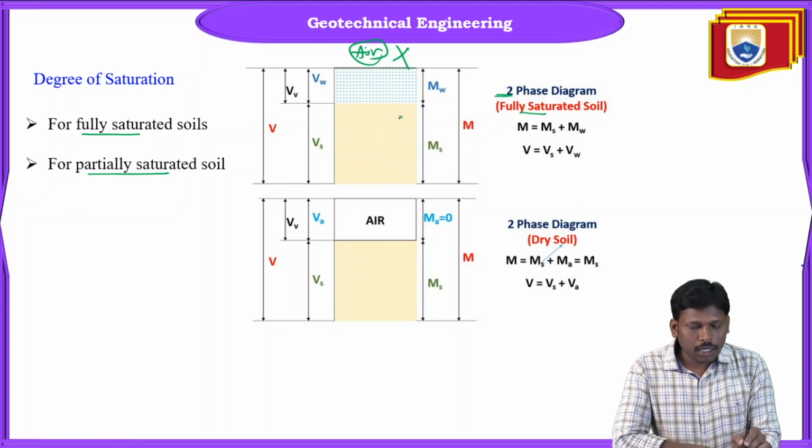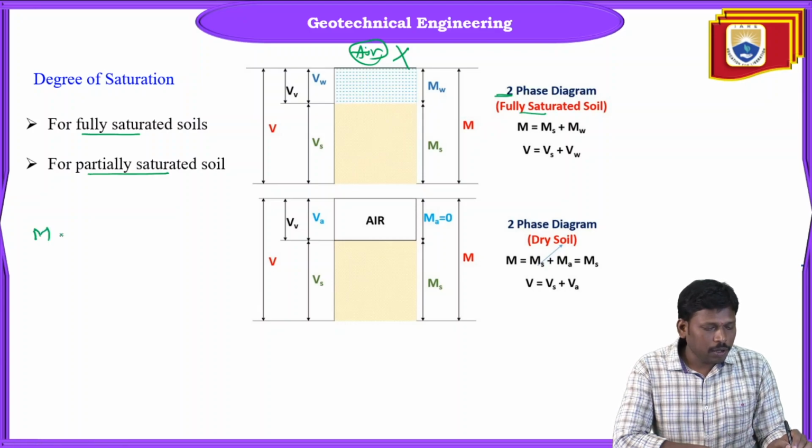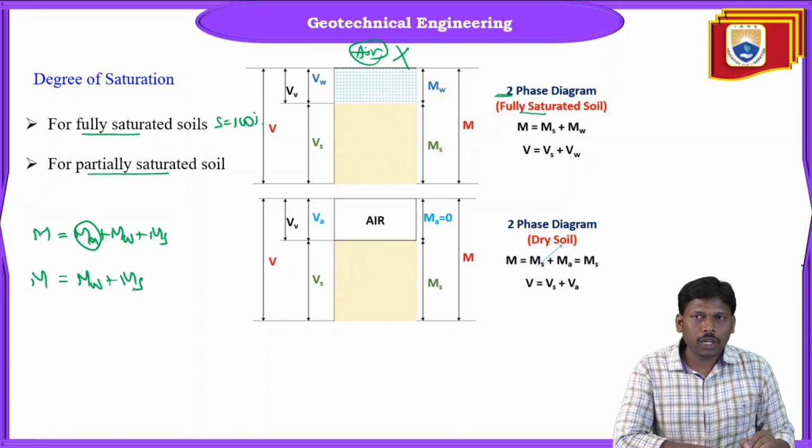If you describe this in terms of mass, as we said, total mass is equal to mass of air plus mass of water plus mass of soil. But in this fully saturated condition, with S equal to 100%, the air completely becomes 0, and the total mass becomes mass of water plus mass of soil only.